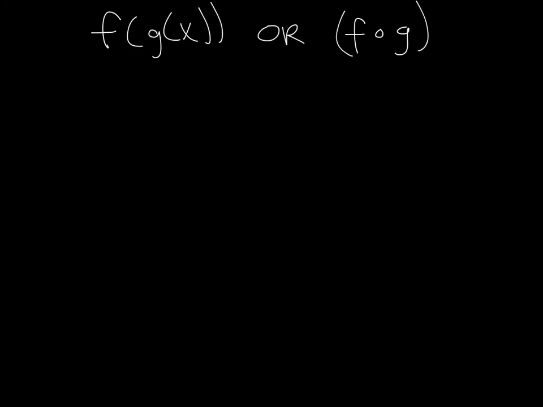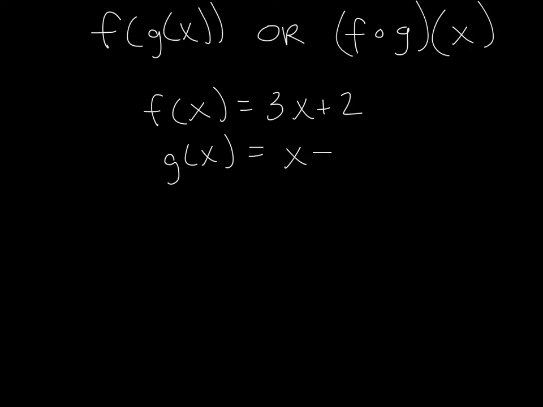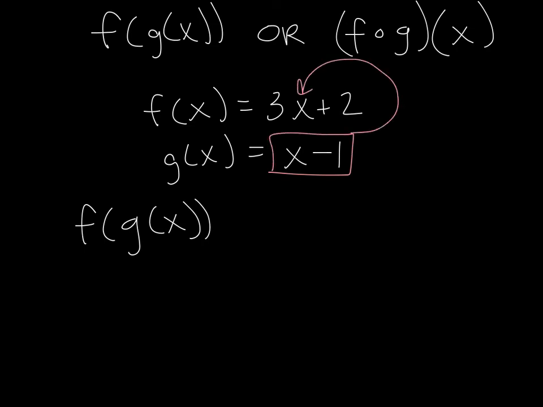Also make sure that you know how to do compositions. Compositions can look like this, or they can look like this. These two are the same notation. If you have that f of x is equal to 3x plus 2 and g of x is equal to x minus 1, and you had to find f of g of x, you're going to take your g of x and plug it in for x in your f of x function.